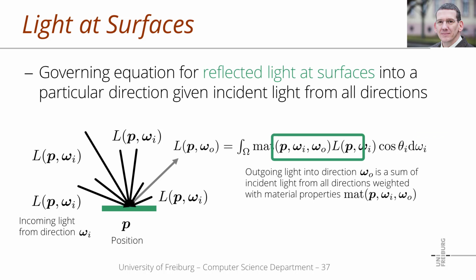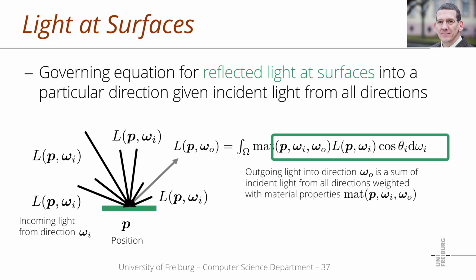The integrand also contains a factor, the material term, which accounts for the reflection properties at point P. The term describes how much light from the incoming direction omega I is reflected into the outgoing direction omega O, so it basically describes the material.